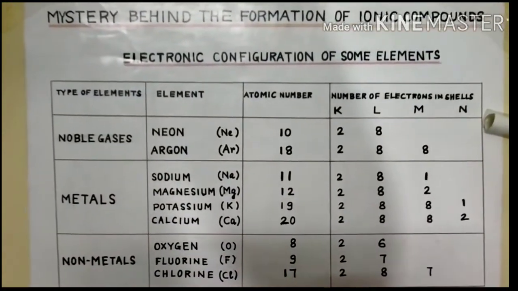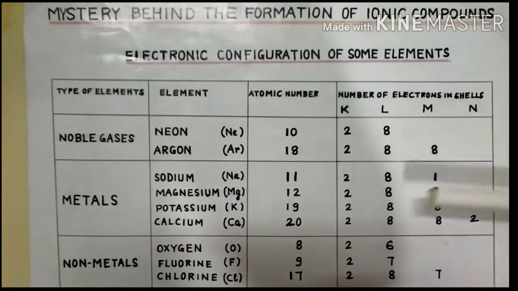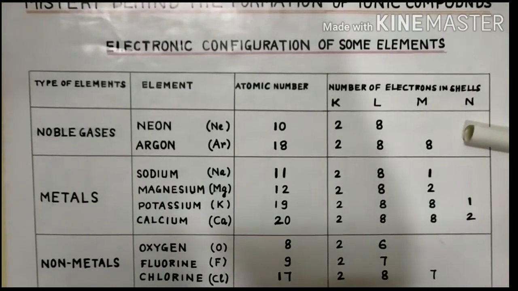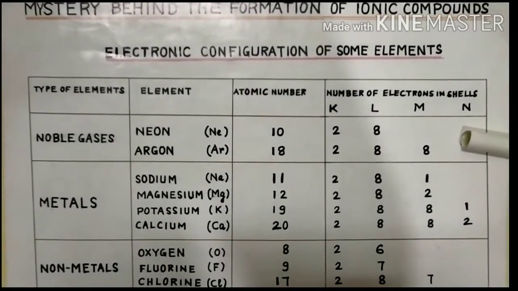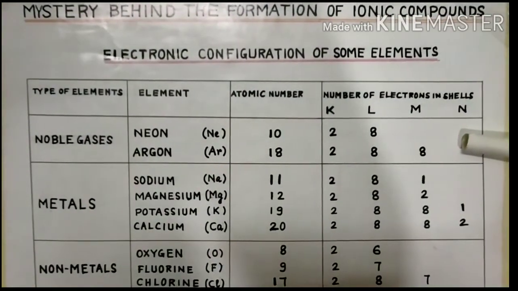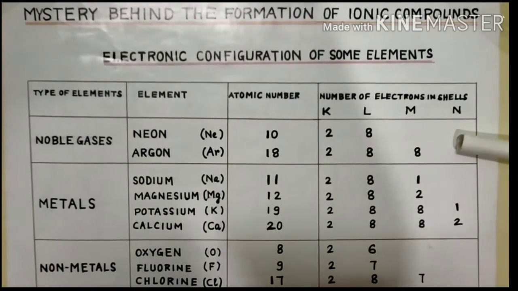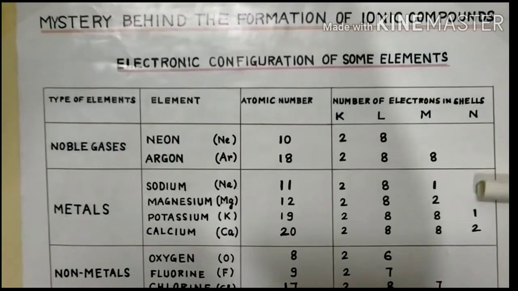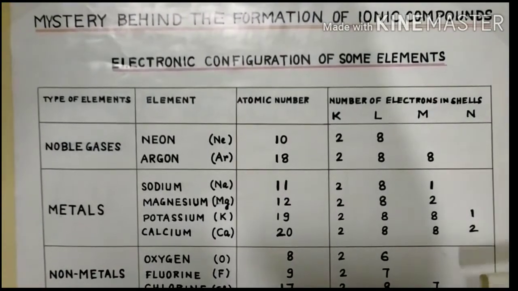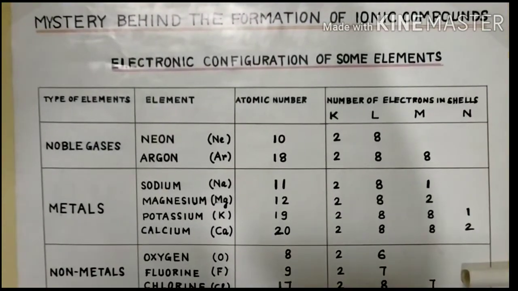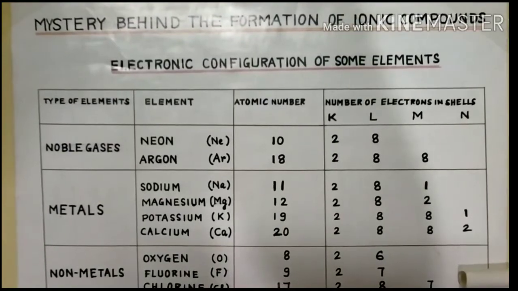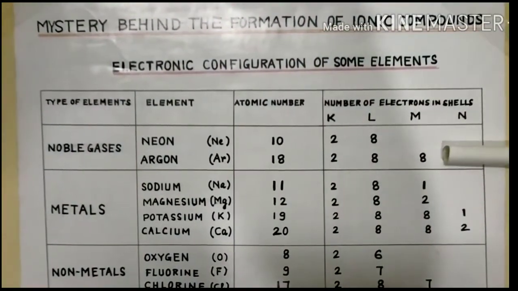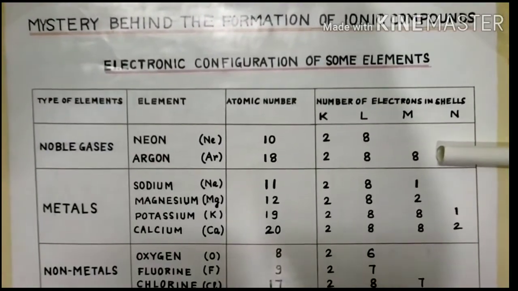Is it possible for other elements to get that stability? Yes. But how? By losing or gaining one or more electrons, metals and non-metals can get the stable octet structure.